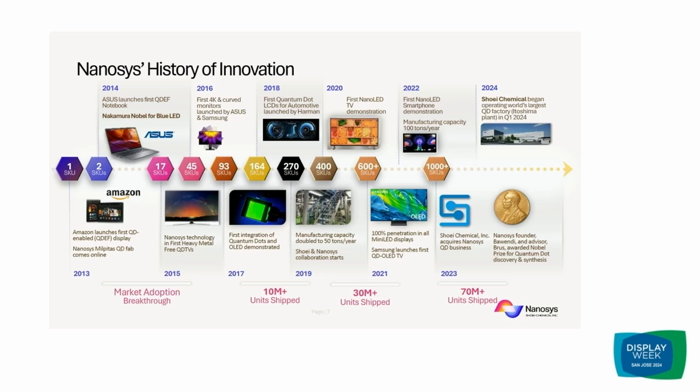Product innovation has continued between 2019 and today. There are now more than 1,000 different product SKUs that contain quantum dots on the market. Right now, 100% of mini LED TVs are using quantum dots. And quantum dot OLED TVs, which launched recently, are hugely popular and proving finally that quantum dot versus OLED is not a zero-sum game, and there's a lot to be gained from combining technologies.